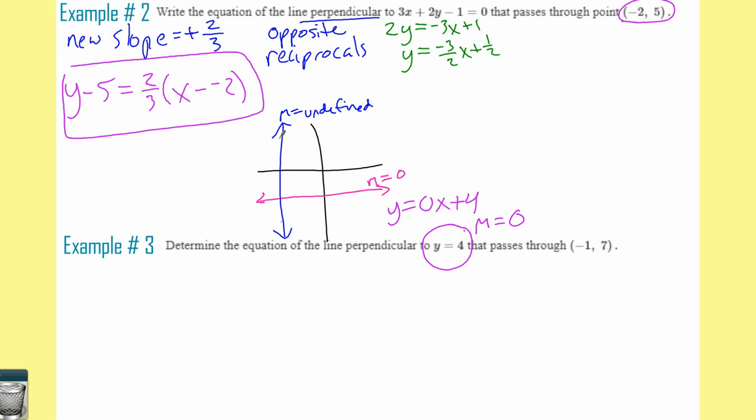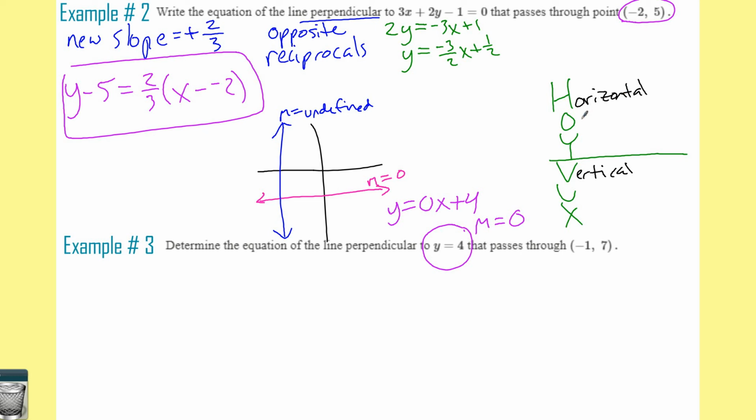I can't run vertically, so I'm going to have an undefined slope. There's an acronym that I learned forever ago called HOY-VUX. It breaks it into your two types of equations: you have either horizontal and you have vertical.